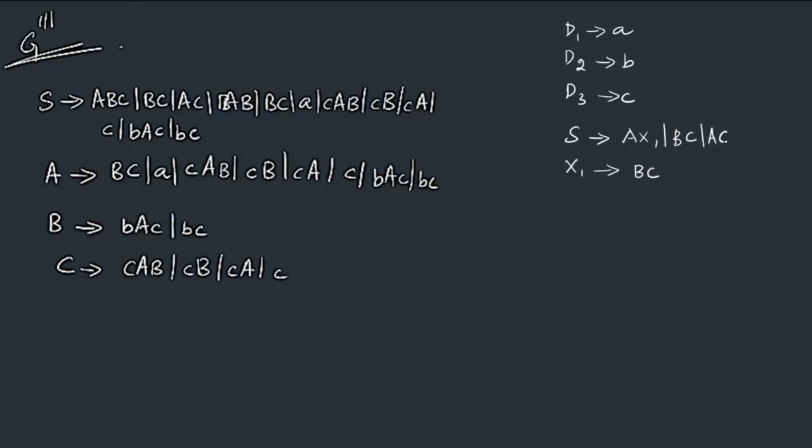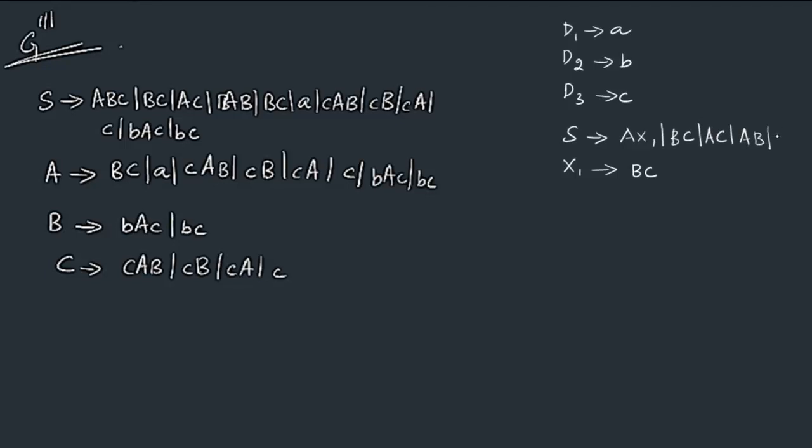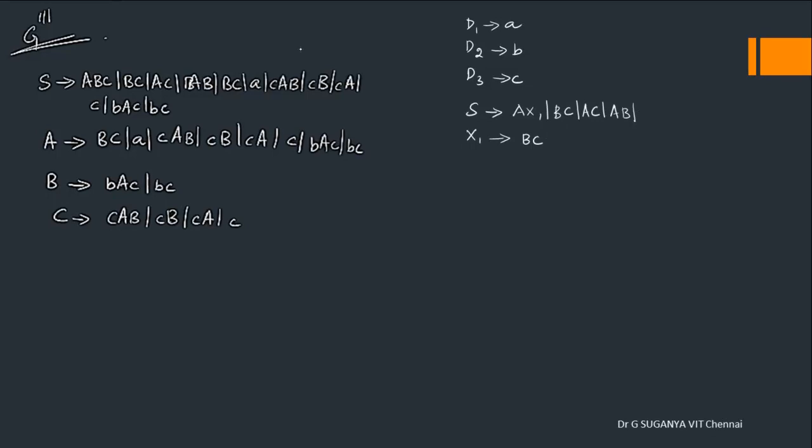Then AC will remain as such, AB will remain as such. Okay, then you have CAB, which will get expanded to D3 X2, where this X2 will be AB. Okay, and then you have CB. C will get replaced by D3 and B will remain as it is.